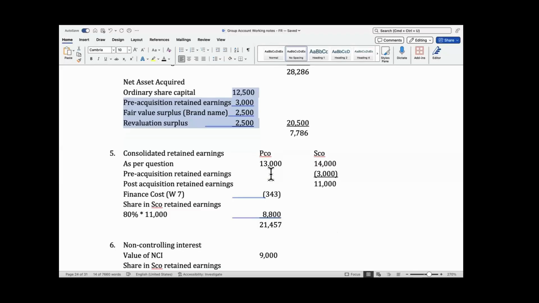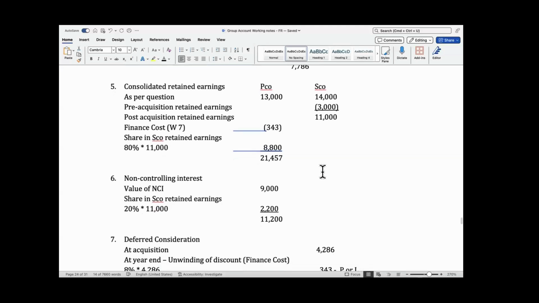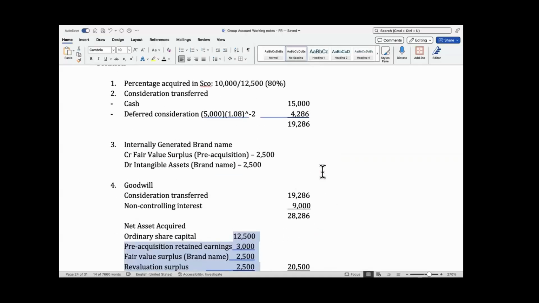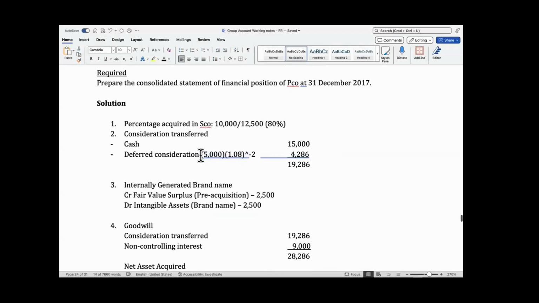It's not approximation, it's casting. 15,000 plus 3,000. No, wait, hold up. This 13,000 plus 8,800 minus 343. Okay, that's 21,457. Anyway, let us not waste our time on that. When you're doing your revision, maybe you would find it. I'm sure it will be a casting error.